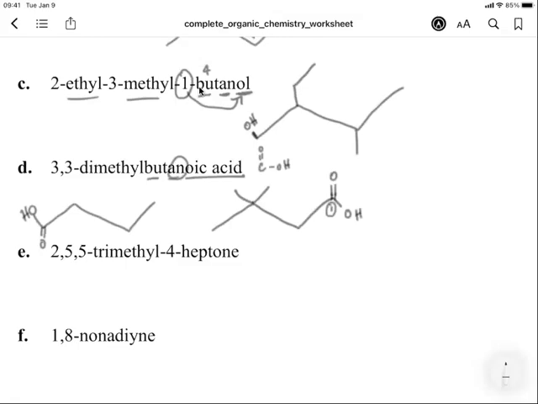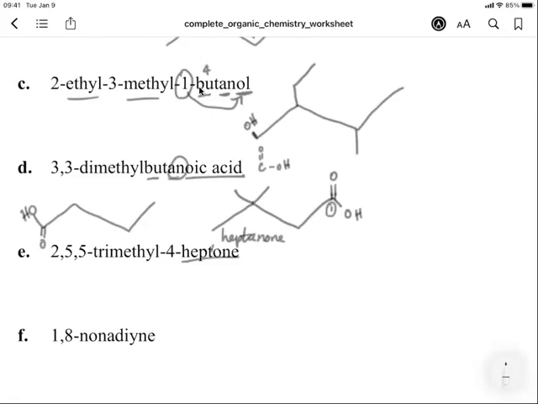For part E, I don't like this type of naming because without the AN or the EN or the YN, you don't know. I guess you assume it's an alkane derivative, because I would say this is heptanone to be more clear.